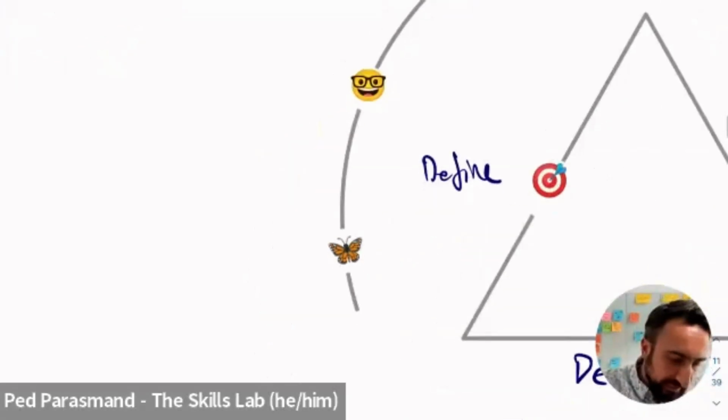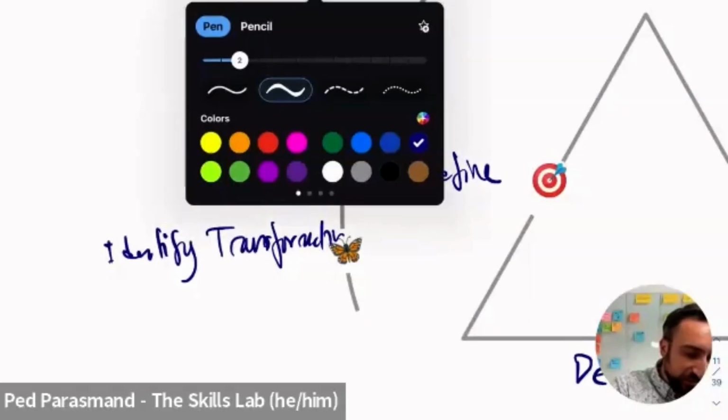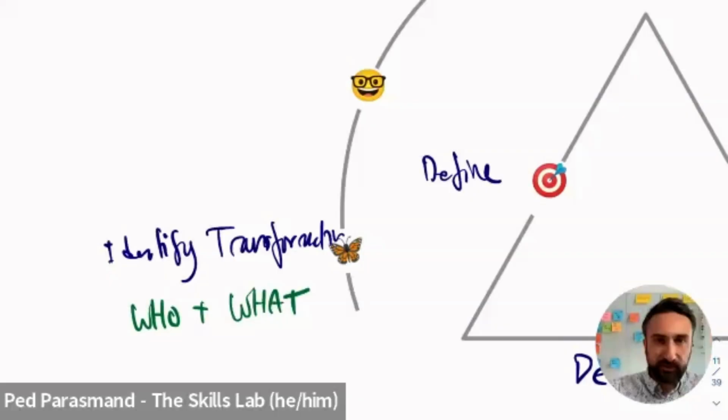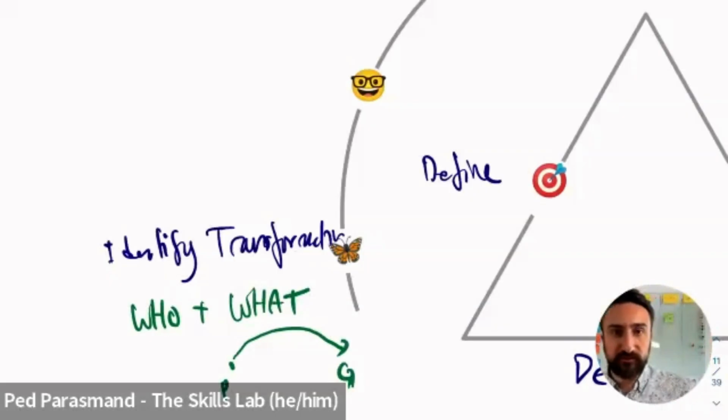The first thing is about understanding and identifying the transformation. This is basically asking yourself, who is my training for, and what transformation do they want in their lives or their work? So what problem do they have, and what goal do they want to achieve?